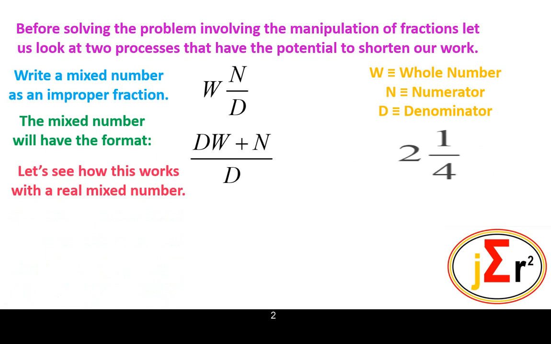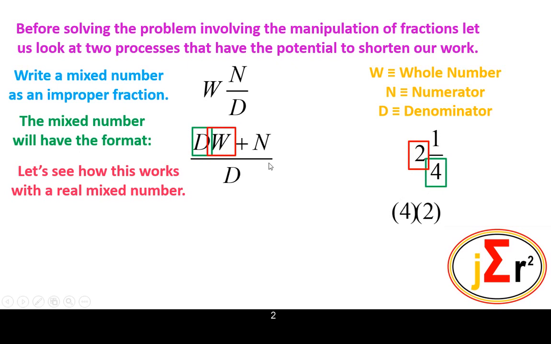So here is our real mixed number, and what does the format say? The format says that we should take the denominator and multiply by the whole number. So we're going to do just that. The denominator multiplied by the whole number, and of course it is making a lot of sense already. It is working in the way that it should, because you will see right here on your own that we need to add the numerator to that.